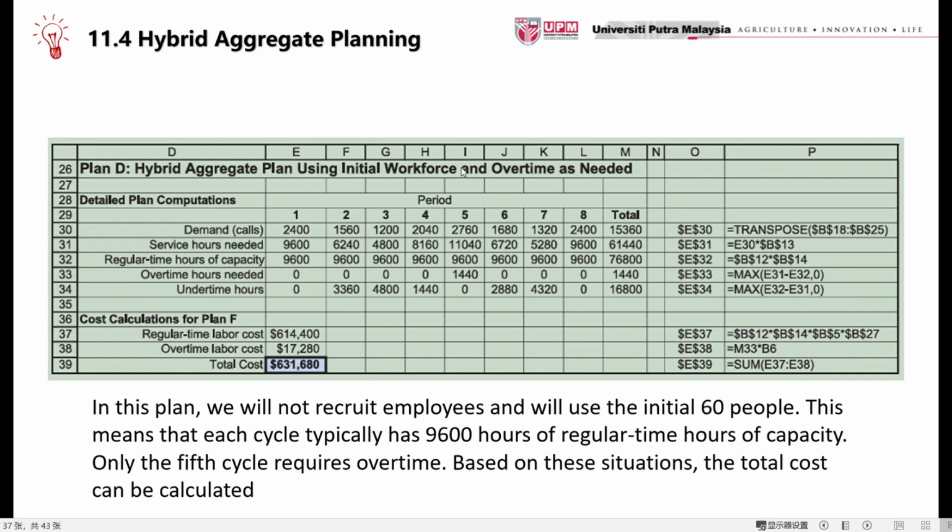You can see that only in period 5 do the employees need to do overtime, so only in period 5 does the company need to pay the overtime labor cost. So I think this is a good choice for the company.